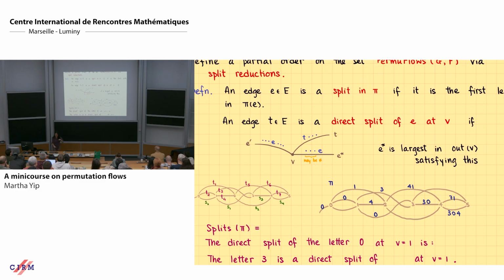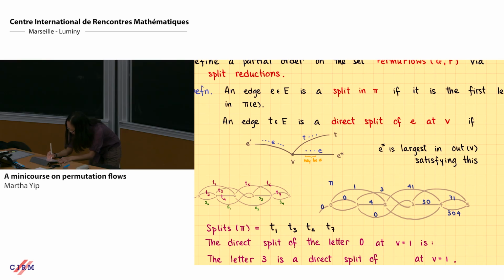One, T3, T4, T7, yeah. All the letters that show up in the permutation flow.